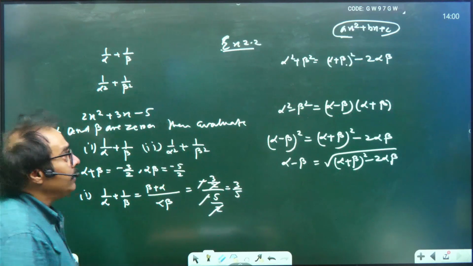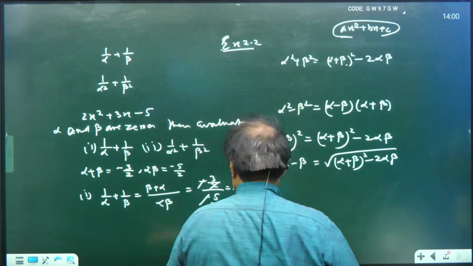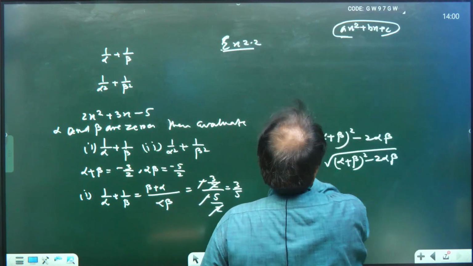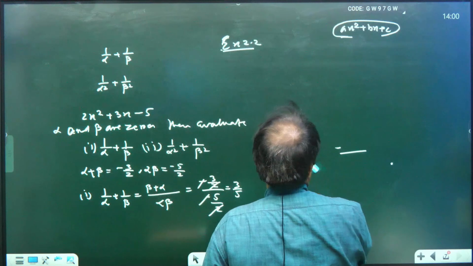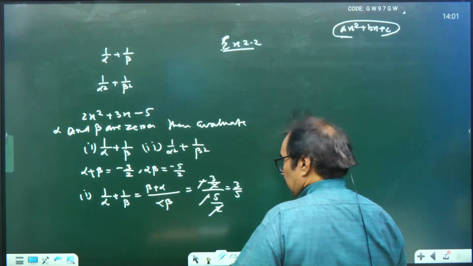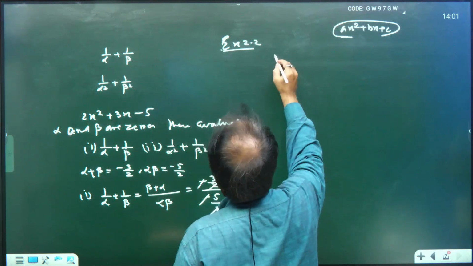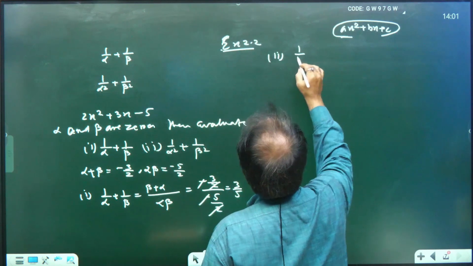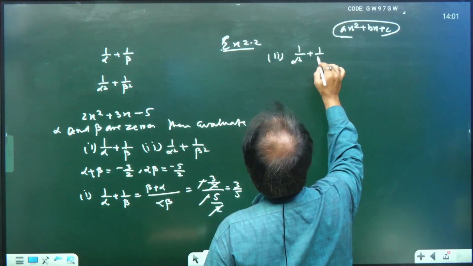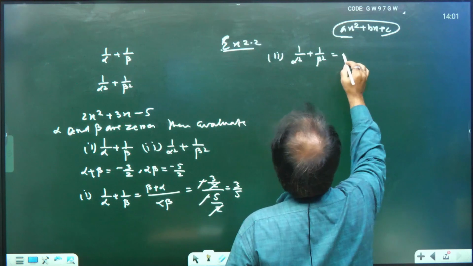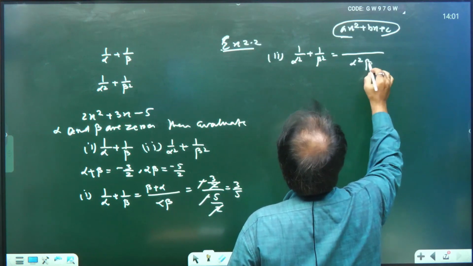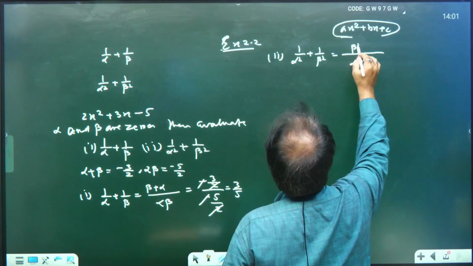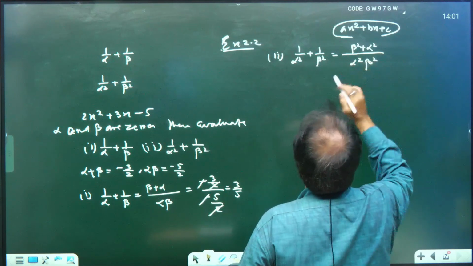In the second part, find the value of 1 upon alpha square plus 1 upon beta square. Here the LCM is alpha square beta square. Then it will be beta square plus alpha square, or alpha square plus beta square, doesn't matter.